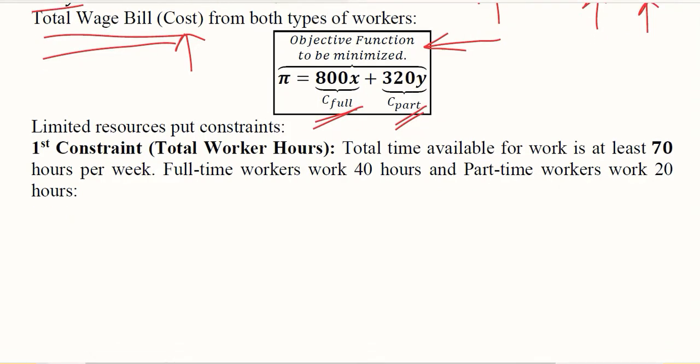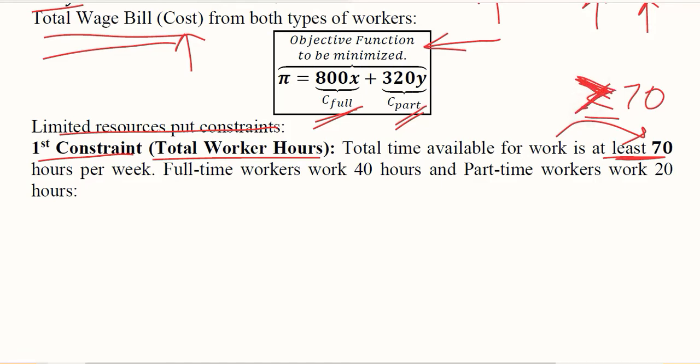Now we come to the constraint side. As we are already told, the total worker hours are given and they are 70. So they are at least 70. Now we have to remember this, that they are at least 70. Either they are equal or they are at least 70.